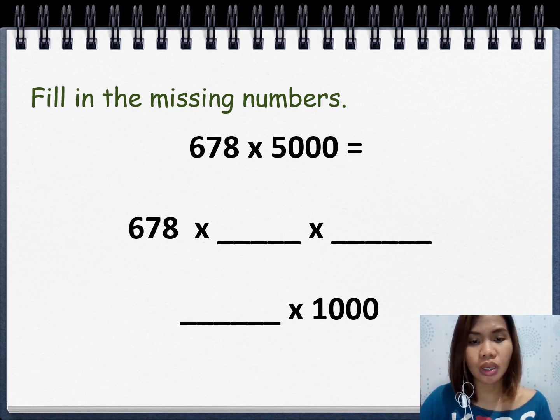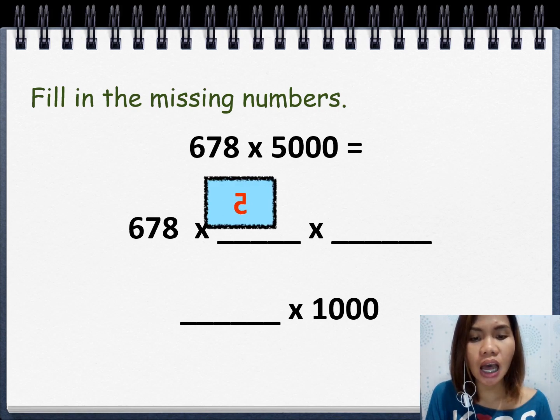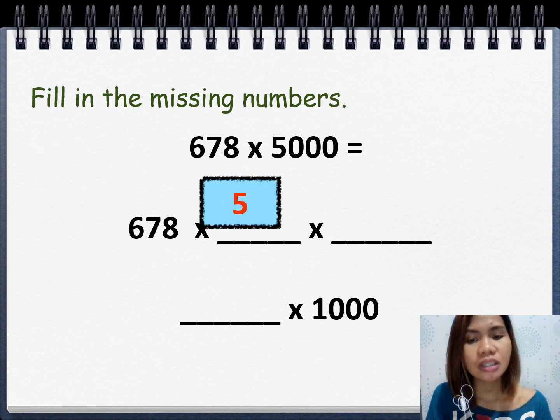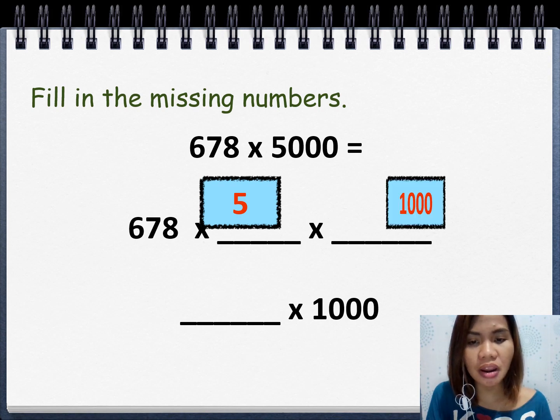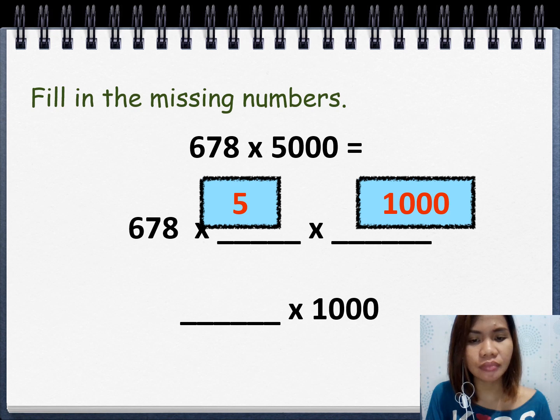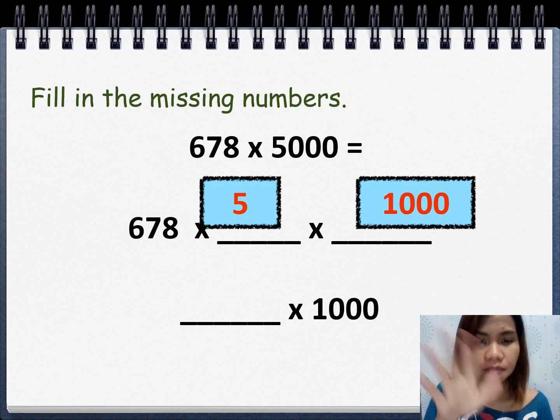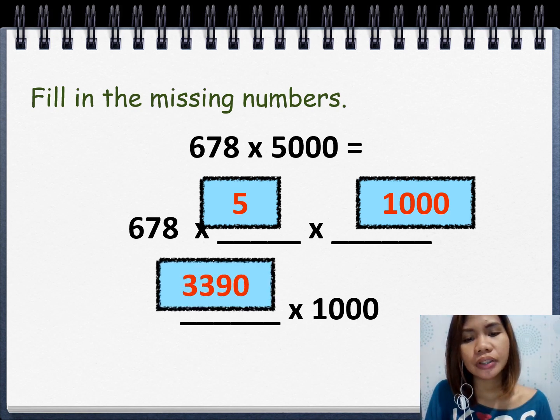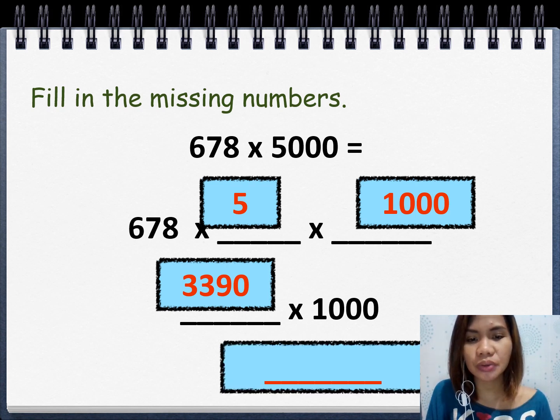Oh, okay, so of course we can write this in this form: 678 times 5 times the number 1,000. So 678 times 5, you will have 3,390 times 1,000.